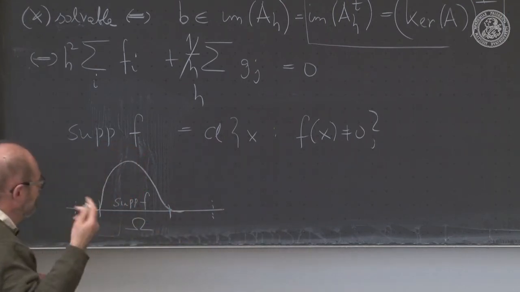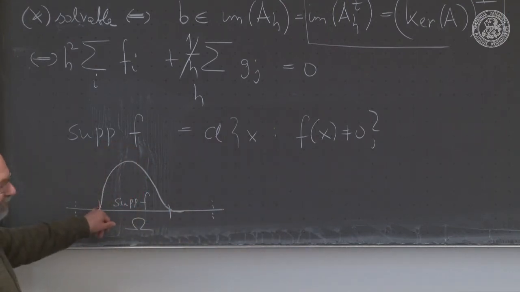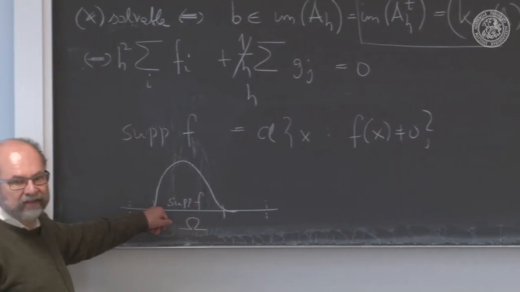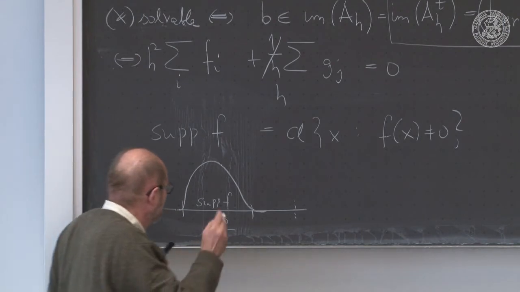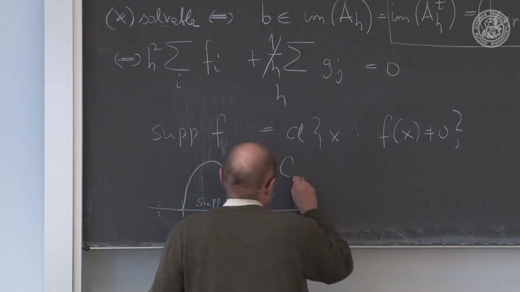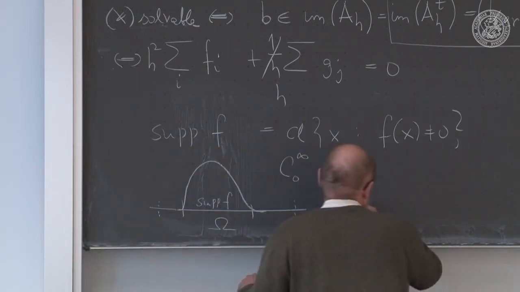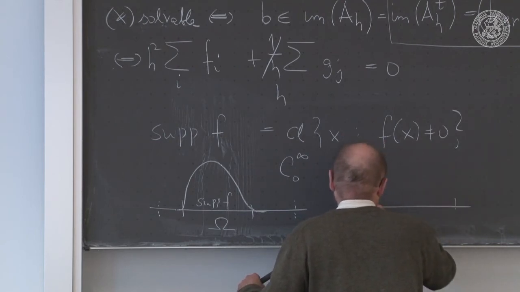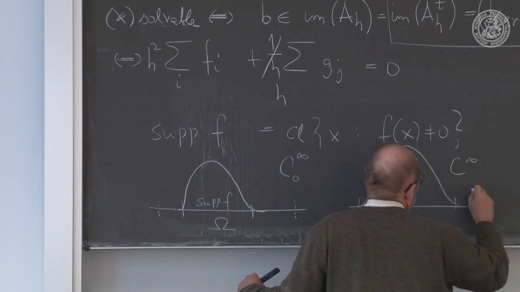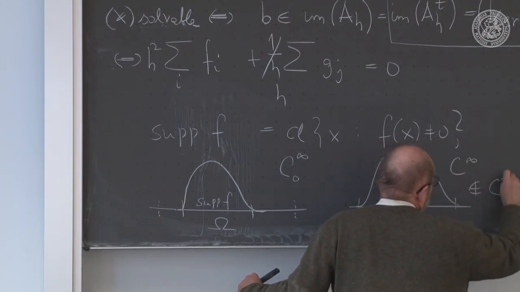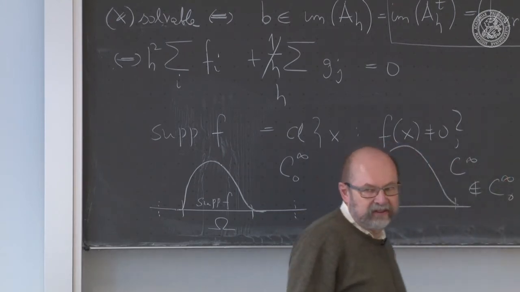And because of the C infinity property, all derivatives are 0 at those points here. What's not allowed is this: this here could be a C infinity function, but it's not in C 0 infinity.